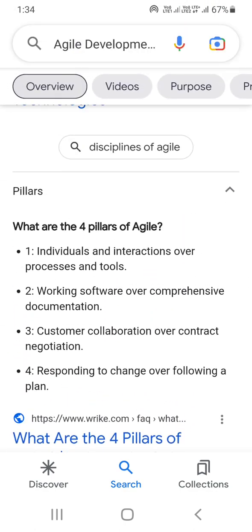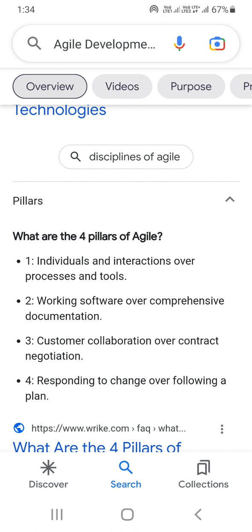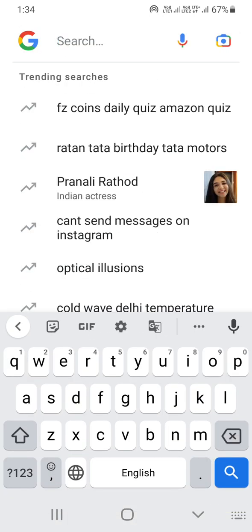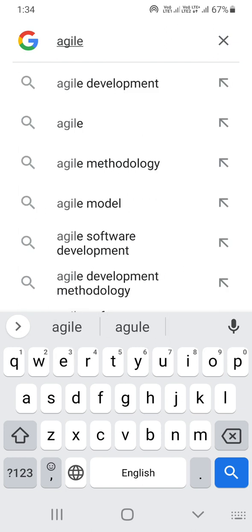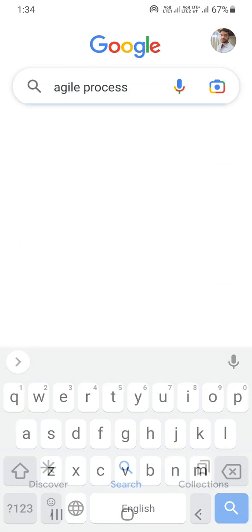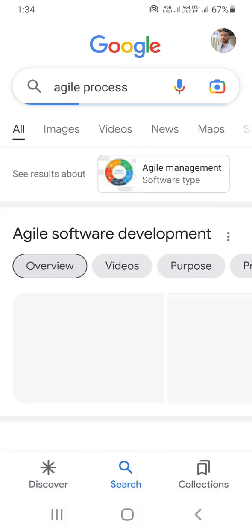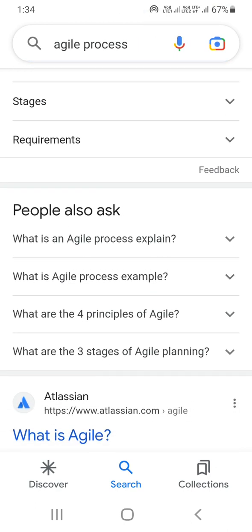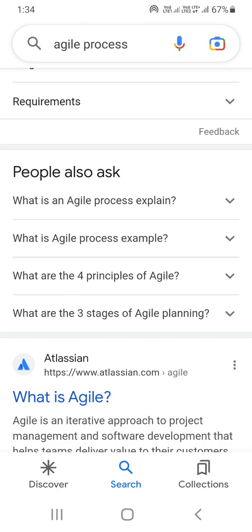So now we will talk about the agile process. What is the agile process? We have already talked about many processes of agile, but now let's talk more about that. So here is the agile process explained.